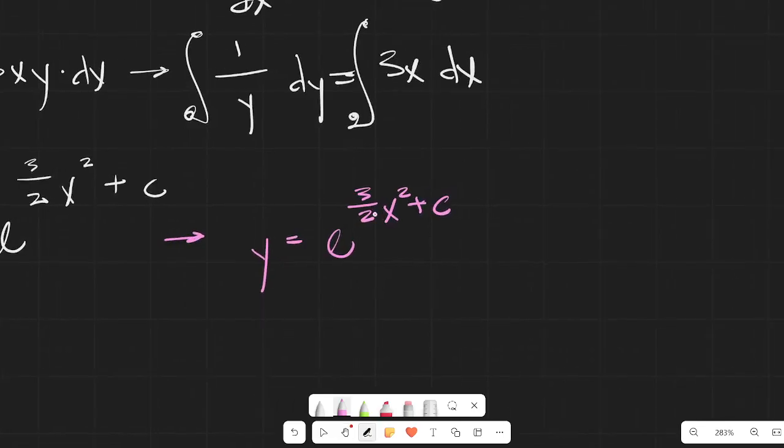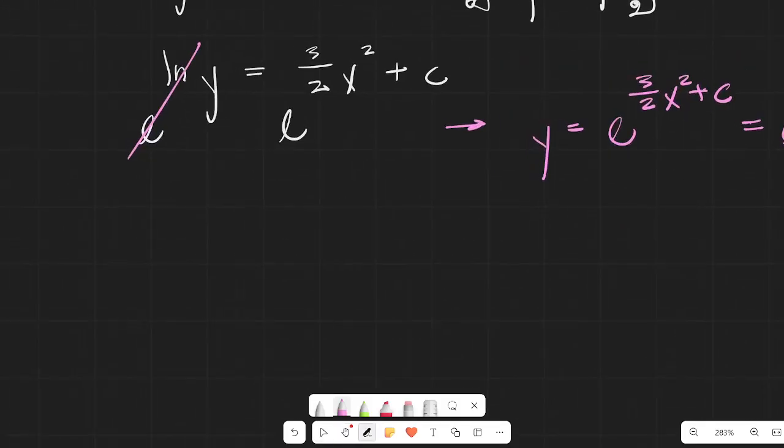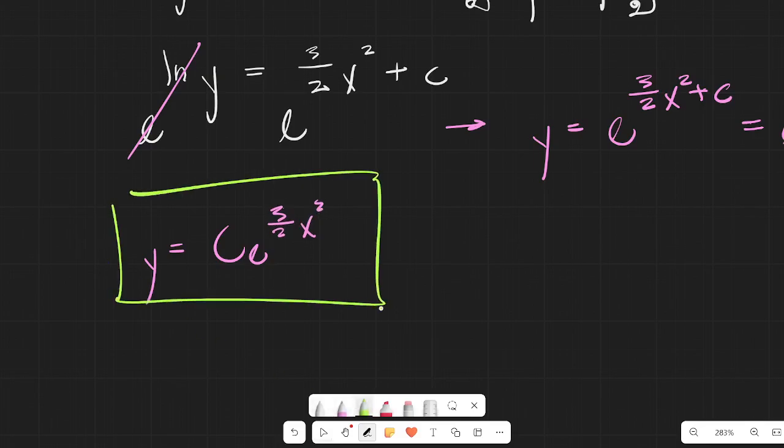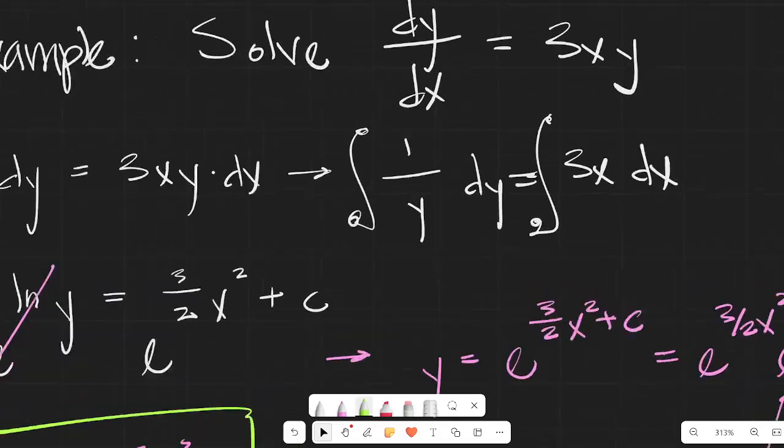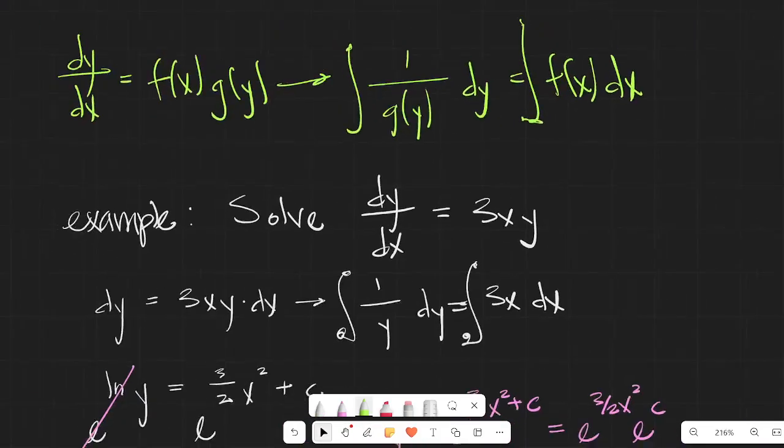So let's rewrite this addition in the power as two exponential functions, and then this is just another constant, so we can just call that c as well. And we say that y equals c times e to the 3/2 x squared. And that will be the function that solves this differential equation here.